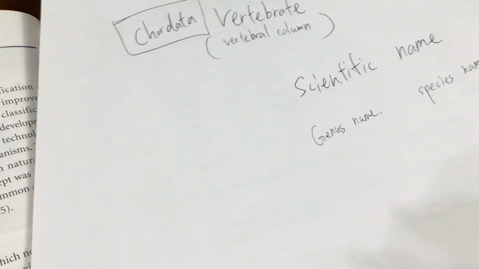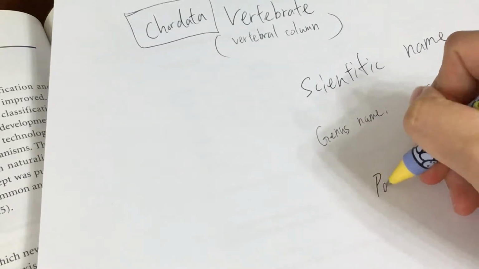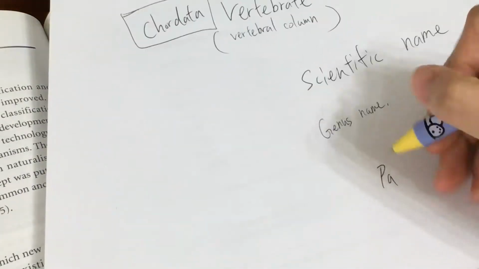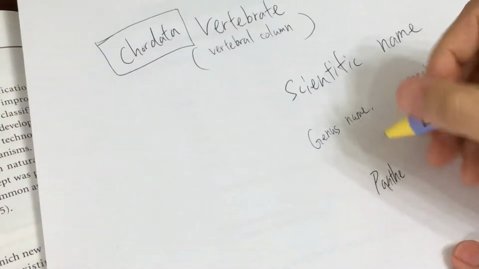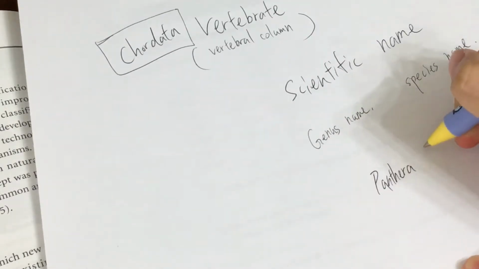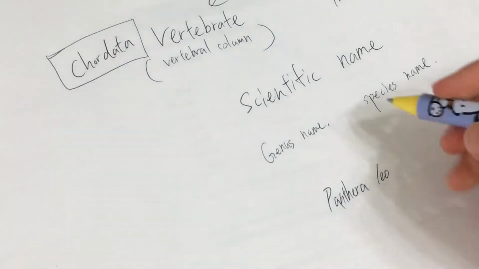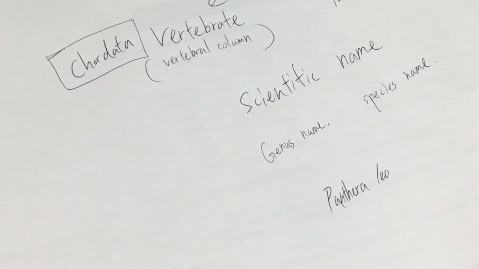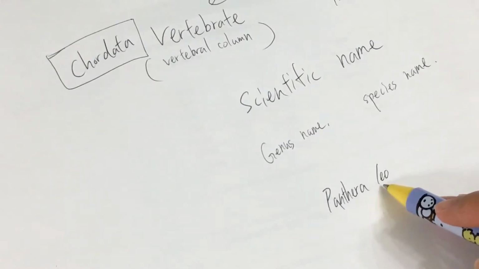You have 2 choices. One, you write in italic, so Panthera leo. And remember the first letter should be a capital letter, and then the species name should be in small letters.